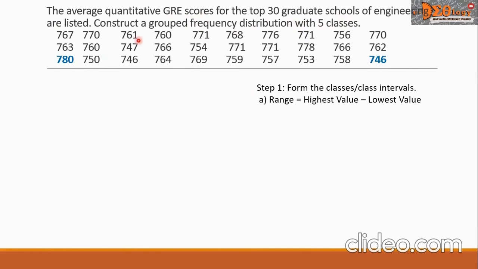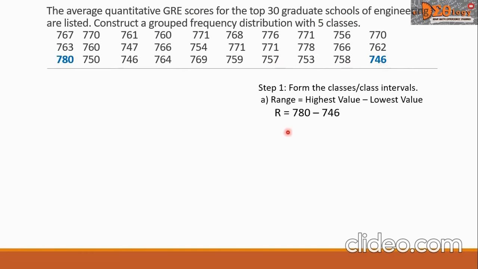Browsing through the data, we can see that the highest value is this 780 and the lowest value is 746. So the range is, to get the difference, R equals 780 minus 746, and this is equal to 34.